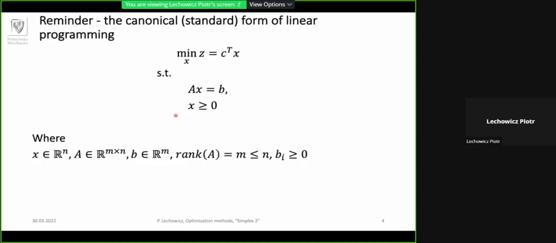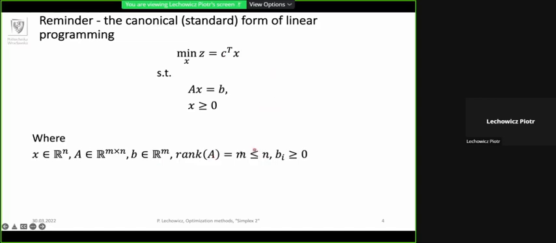So just to recall, this is the canonical form of linear programming. So we have a minimization problem, and we have equality constraints. And also the rank of the matrix A is lower or equal than the number of dimensions, the number of variables which we try to optimize.